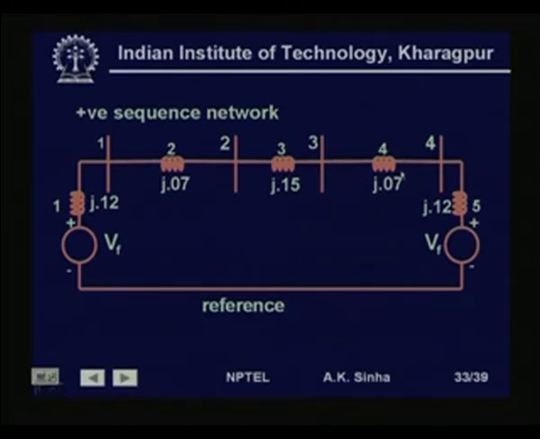This is the transformer T2, its positive sequence reactance is 7%, and this is synchronous machine 2, its positive sequence reactance is 12%. Now, we have numbered these elements 1, 2, 3, 4 and 5, and sequentially we will build the Z bus matrix for this system.